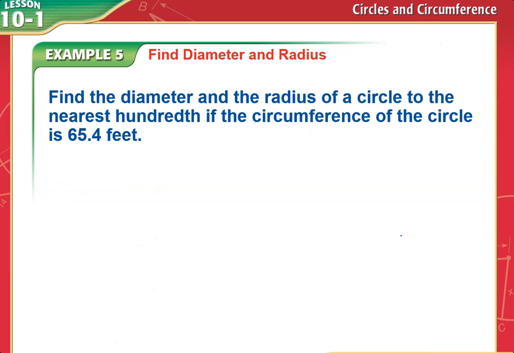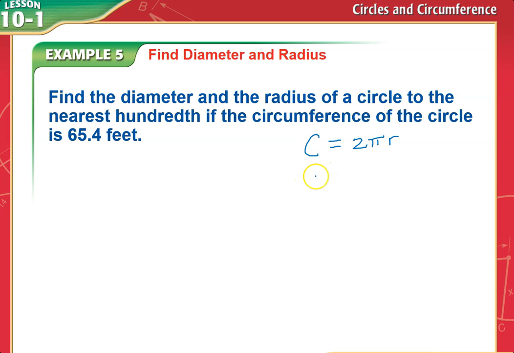All right, we're going to find a diameter and a radius of a circle to the nearest hundredth if the circumference of the circle is 65.4 feet. What we know is circumference is equal to 2 pi r.